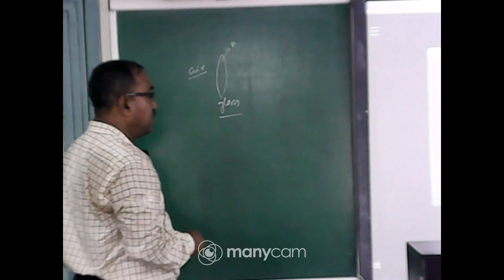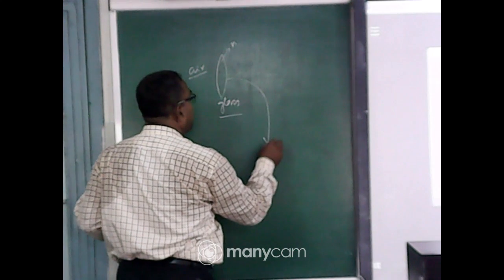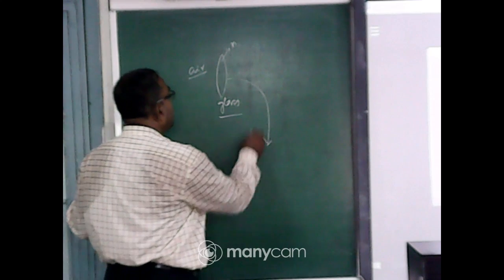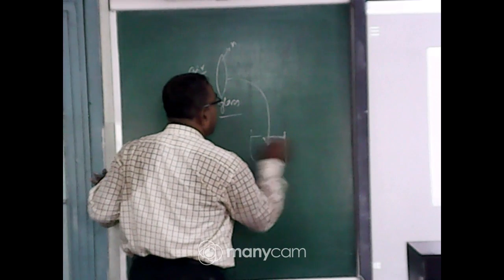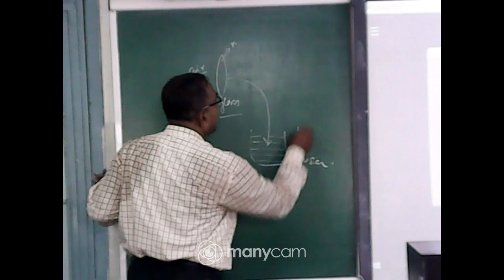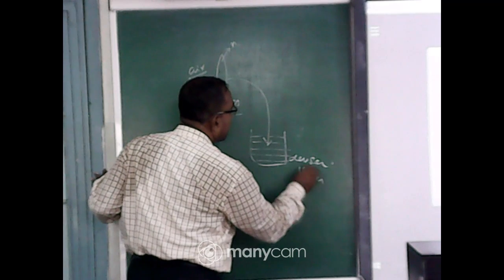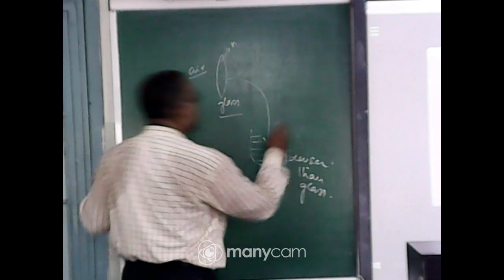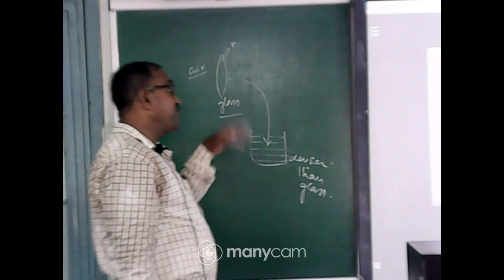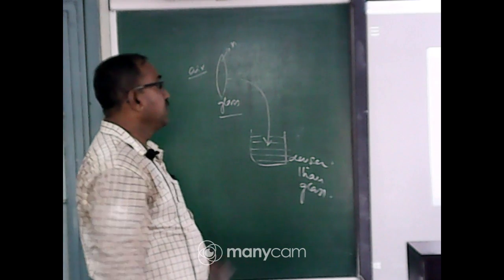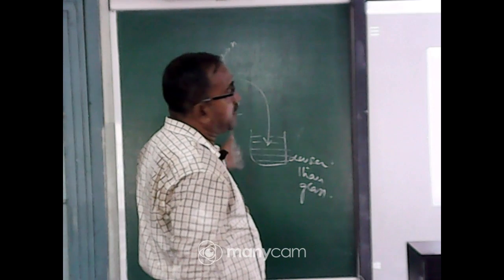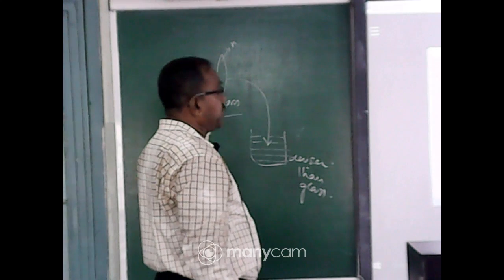But if you put the glass lens, means lens made by the glass, in a medium whose medium is denser than the glass, that time the lens behaves like a concave lens, because if the surrounding medium is denser than the medium of the lens, it will be an opposite lens.